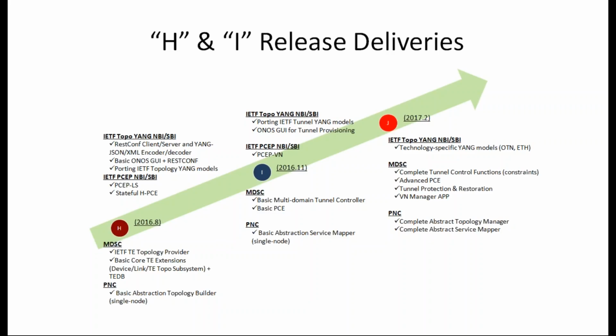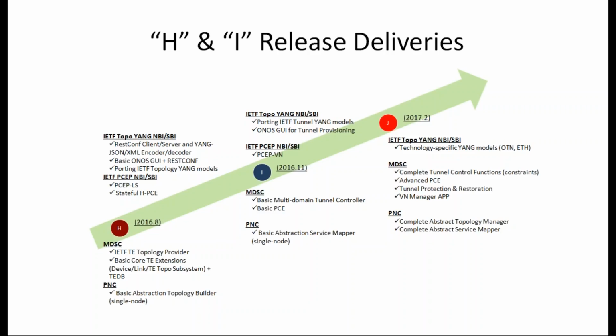And going forward in the J release early next year, we're going to make both the topology and tunnel functions more complete. For example, for the tunnel control function, initially we will be supporting basic functions like just tunnel provisioning without any constraints. But in the J release, we'll be supporting constraint-based tunnel control.